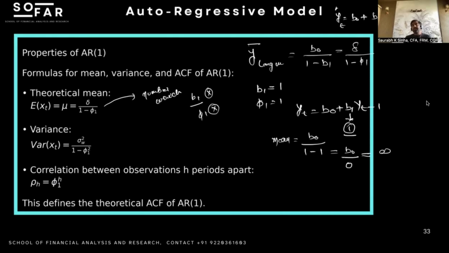If your mean is not stable and finite, can I say y is covariance stationary? No. The mean has to be stable, finite and constant. If it is infinite, definitely it is not mean reverting.